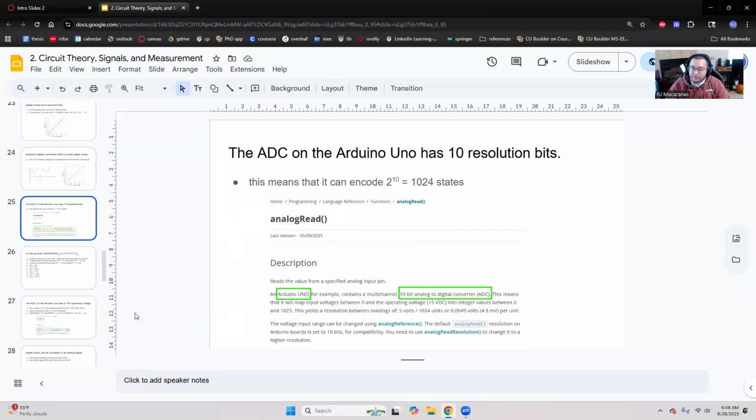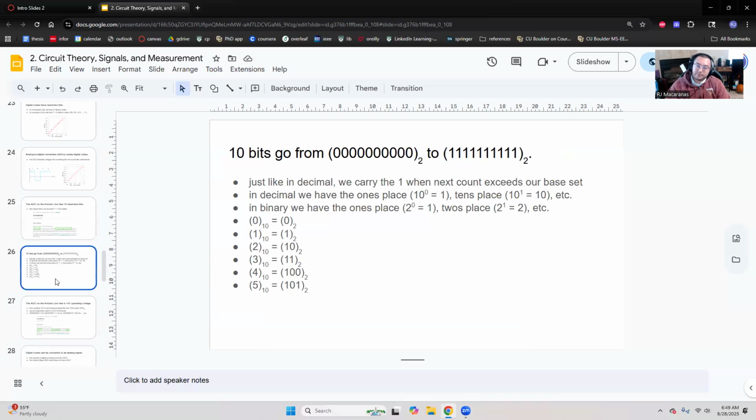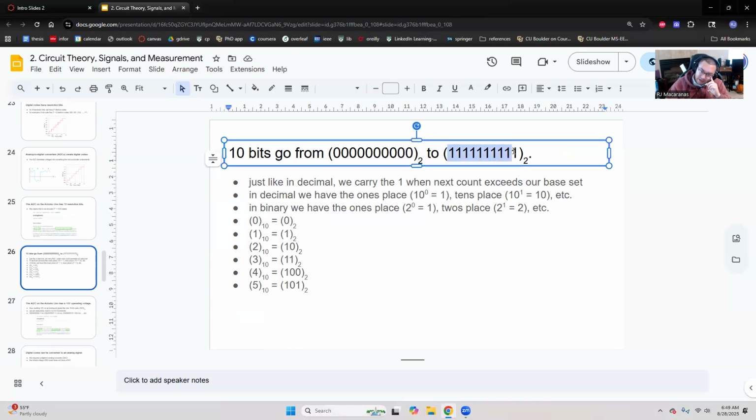I believe this is the same for the Mega as well, but we'll take a look at that later. That means it has 2 to the 10 codes, and these 10 bits go from 0 all the way up to all ones, in this case 10 ones.